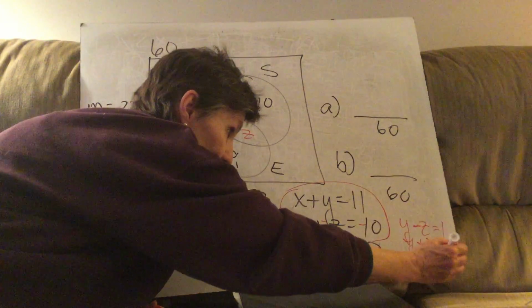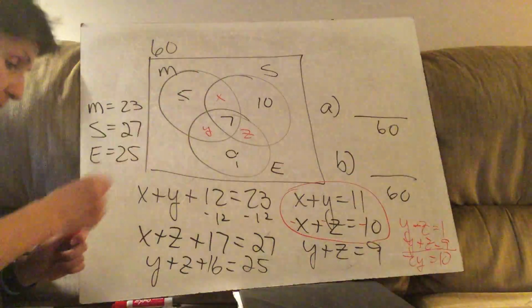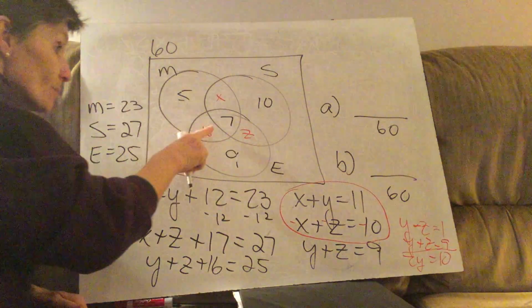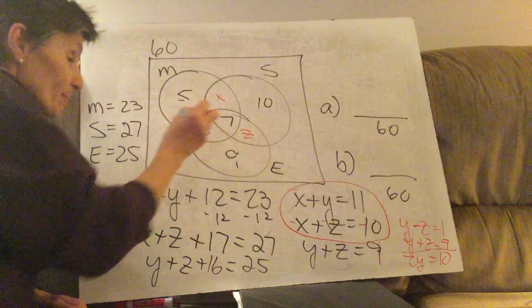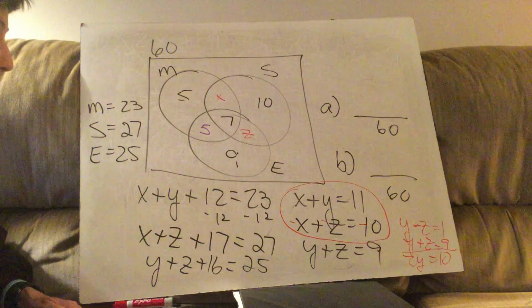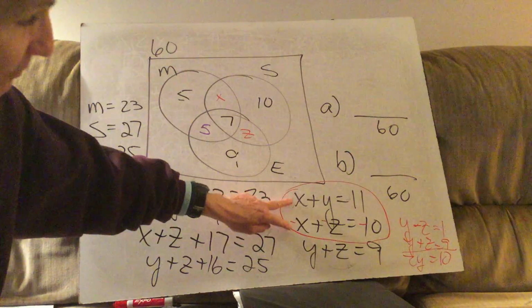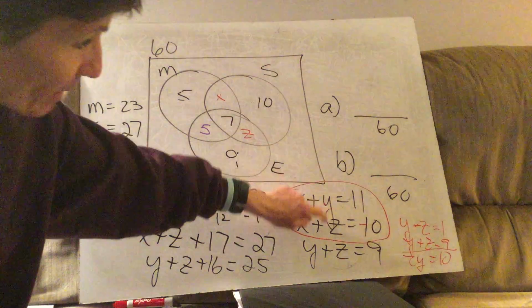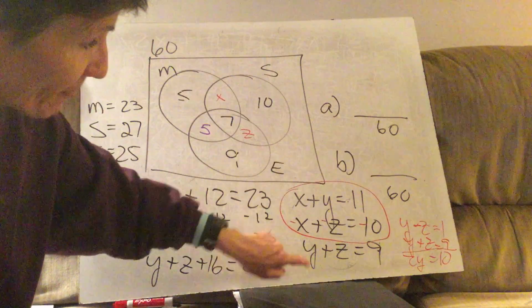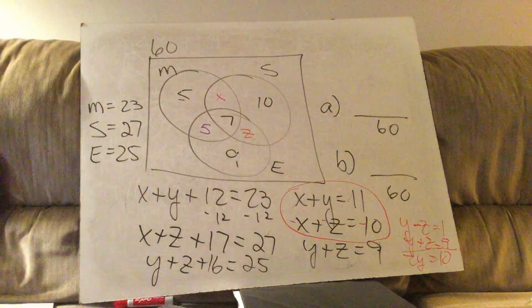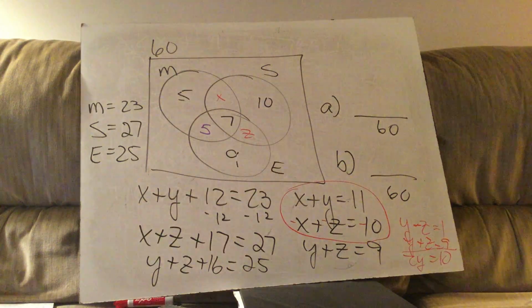So 2y equals 10, and y must equal 5. So this guy right here must be 5. I add these two together, wiping out the x's, so y minus z equals 1. Combine it with the last equation, y plus z equals 9. Just add them together, the z's cancel out.